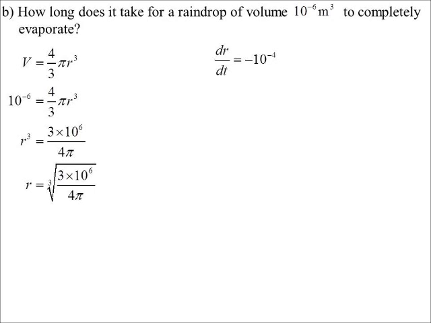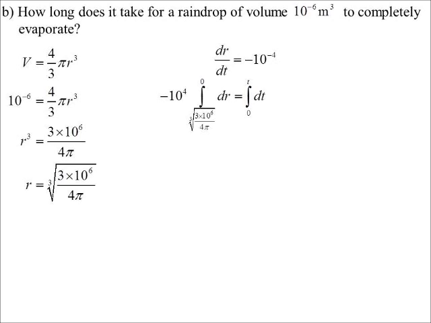So I'm going to integrate. Well, because look, we've got an expression that says dr/dt. So that's a link between radius and time. It wants to know how long it will take. Well, what's going to be the radius of the raindrop when it's completely evaporated? So I can link time and radius together. I just have to integrate in this case.